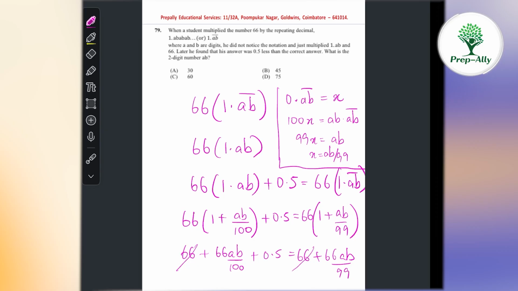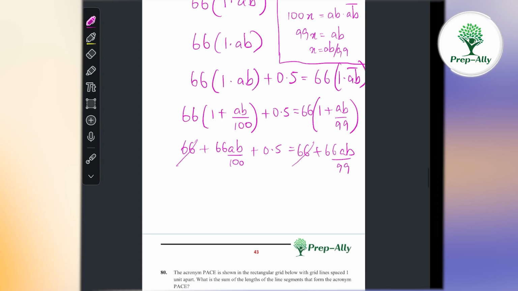and we can cancel the 66's out, and we have 66 times AB by 99 minus AB by 100 equals 0.5.